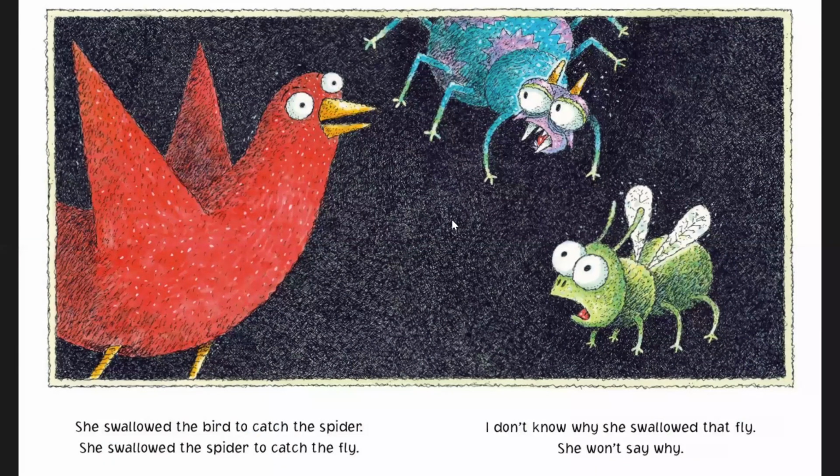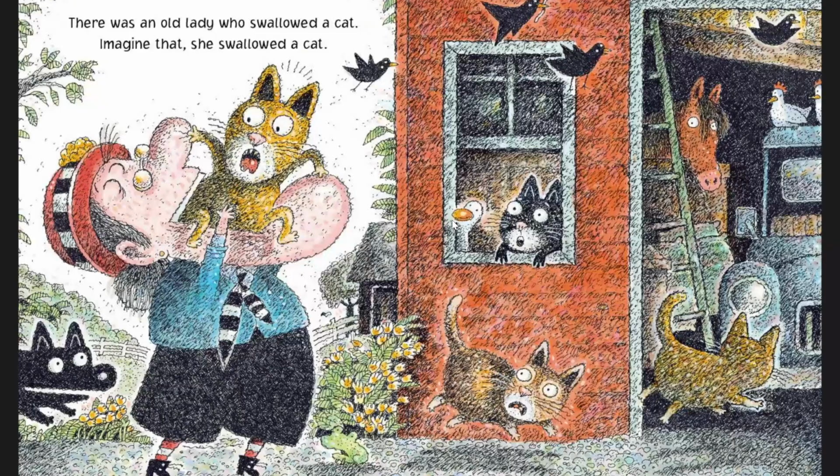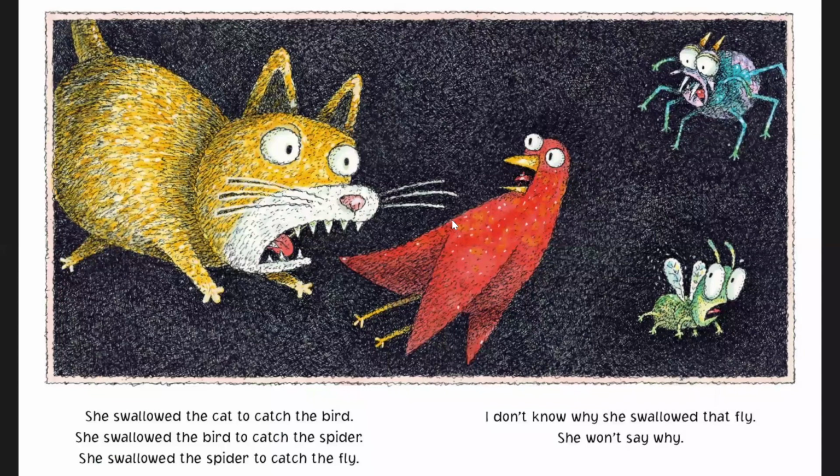She swallowed the spider to catch the fly. I don't know why she swallowed that fly. She won't say why. There was an old lady who swallowed a cat. Imagine that. She swallowed a cat. She swallowed the cat to catch the bird. She swallowed the bird to catch the spider. She swallowed the spider to catch the fly. I don't know why she swallowed that fly.